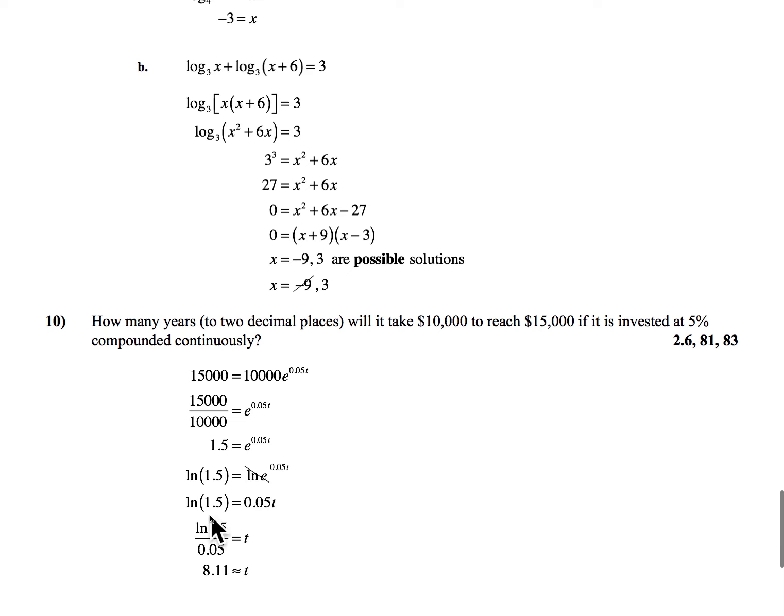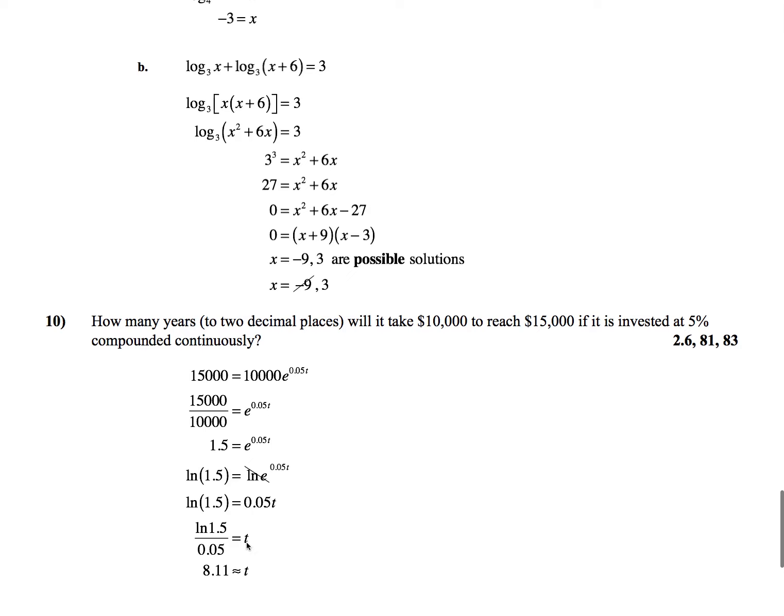Now we just have a number equal to a number times our variable, and we divide both sides of this equation by this coefficient 0.05, and the natural log of 1.5 divided by 0.05 is the time in question.